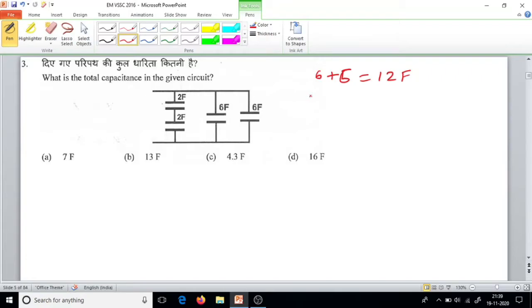When two same value capacitors are connected in series, the capacitance is equal to the value of the capacitance divided by the number of capacitors, that is 2 by 2. So we will get 1 farad. So total capacitance CT equals 12 plus 1, that is 13 farad. Answer is option B.